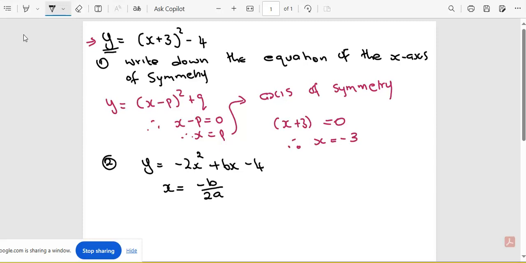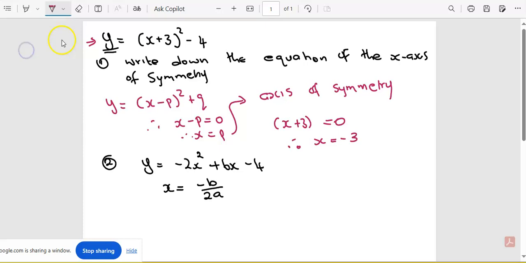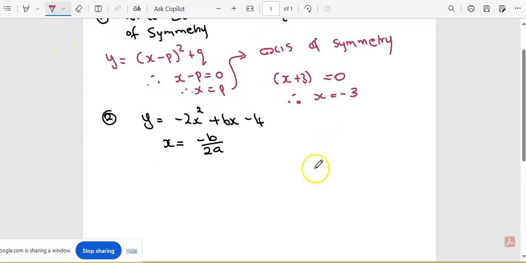Right. So what is the value of b? We just have to sub in the value of b and the value of a. So we know that on this equation, the value of b is 6 and the value of a is negative 2.